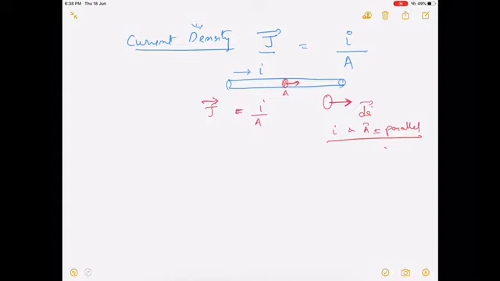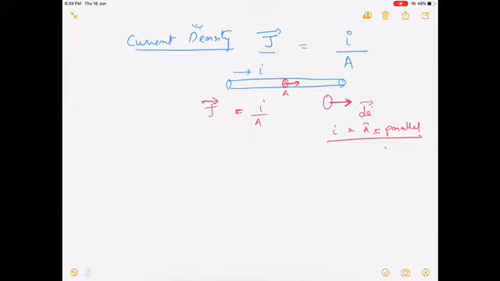Then the current density is defined as J is equal to I upon A. So current density is the number of charge carriers passing through a unit area per second, normal to that surface. They should be normal to the surface.